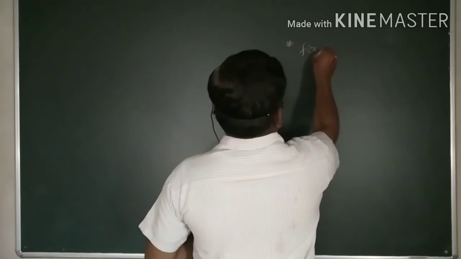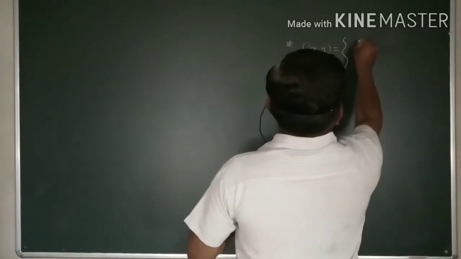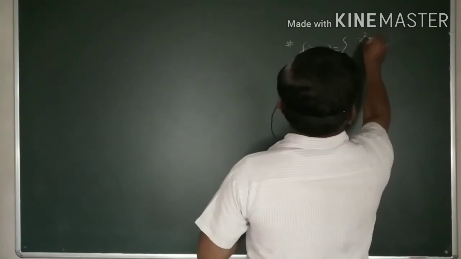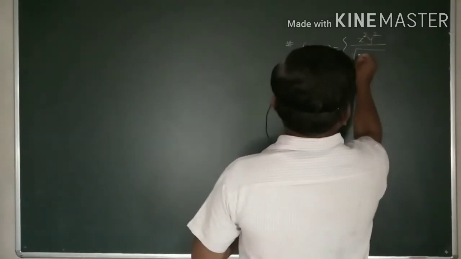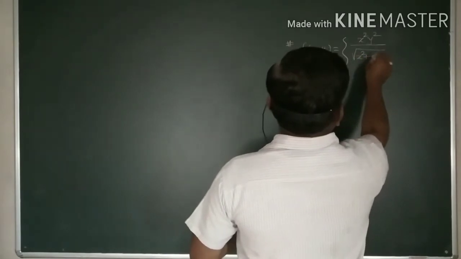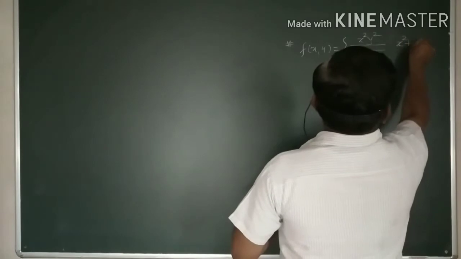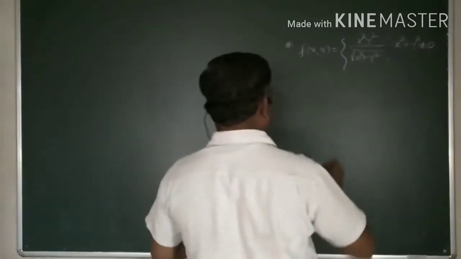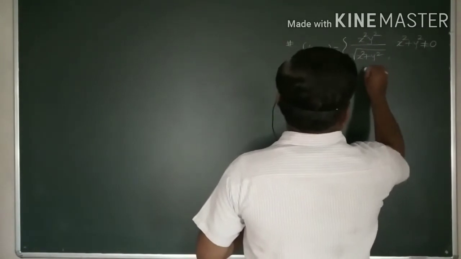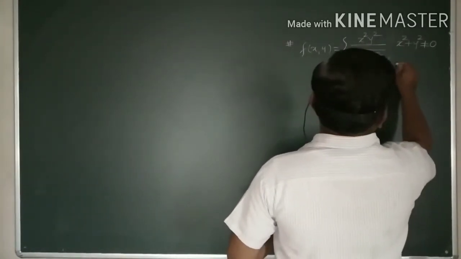f(x, y) is equal to x squared y squared upon root of x squared plus y squared. This is defined when x squared plus y squared is not 0, and f(x, y) is defined to be 0 otherwise.